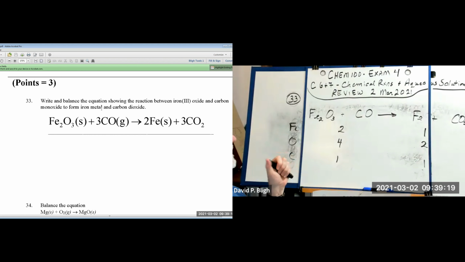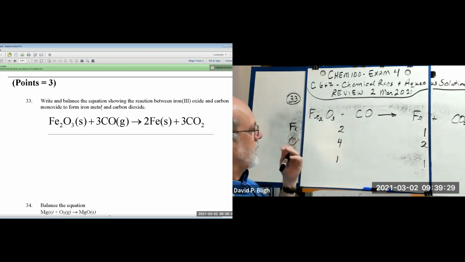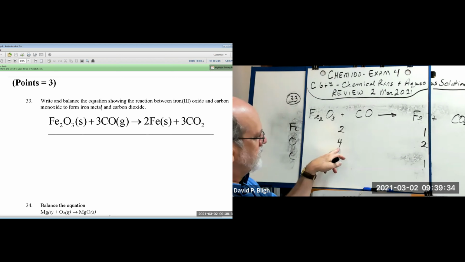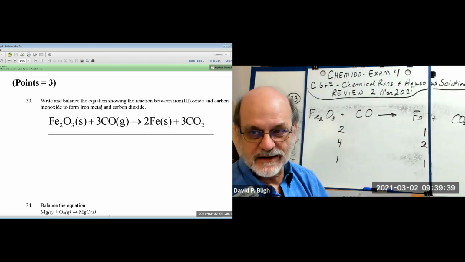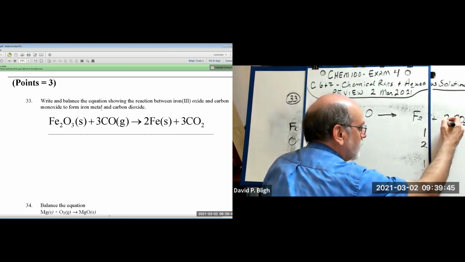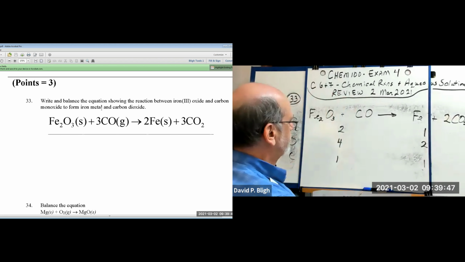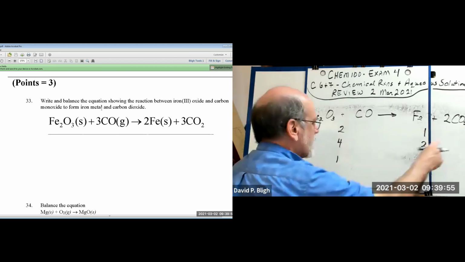Okay. We have oxygen in 2 different places here. So that could be a problem. The fortunate part is we've got an even number of oxygens on this side and an even number on that side. So it makes it easier to balance. All we have to do to balance the oxygen is put a 2 in front here. But I can see a problem brewing right now. We've also changed the number of carbons.